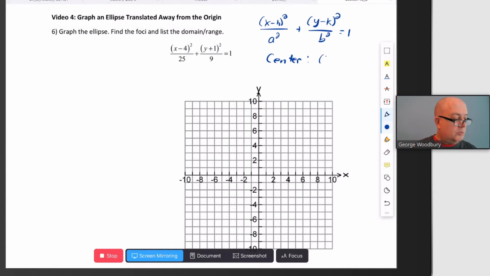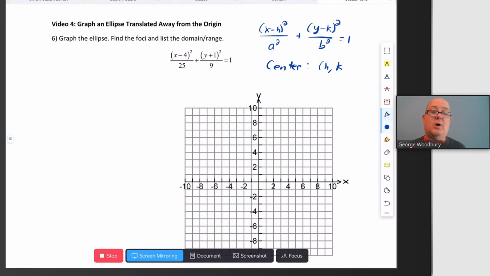Those are the values that are being subtracted from x and y respectively in that squared term. Once we plot that, we still move left and right and up and down by the correct amounts and draw the ellipse. We can find the distance for the foci using the same equation, but now because the center is not at 0, 0, it's going to be from that center.